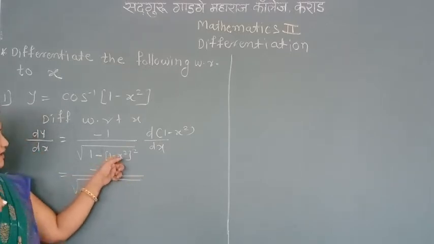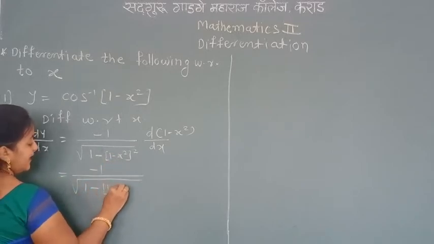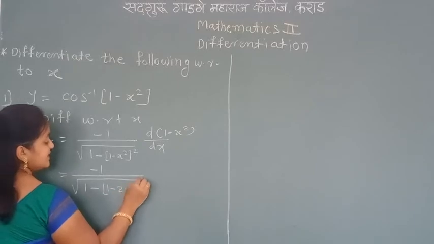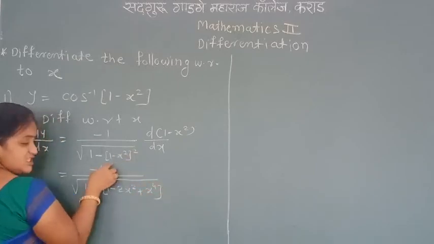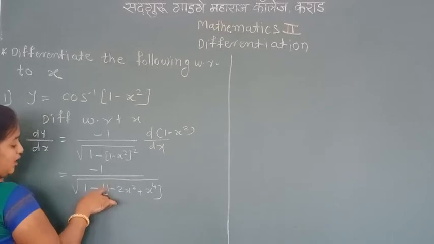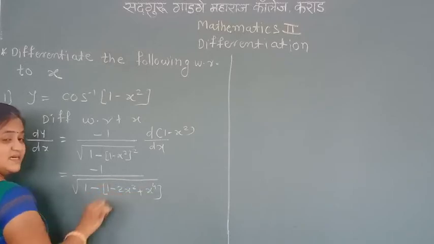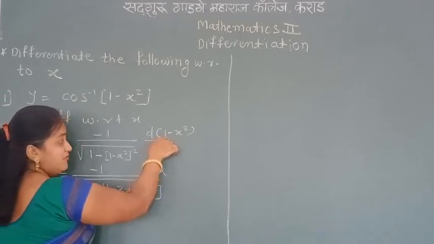We can apply here the (a minus b) whole square formula. So inside the bracket, 1 minus 2x square plus x square, which is x raised to 4. The formula is a square minus 2ab plus b square. So minus 1 minus 2x square plus x raised to 4, multiplied by the derivative of 1 minus x square, which is of the form u minus v.